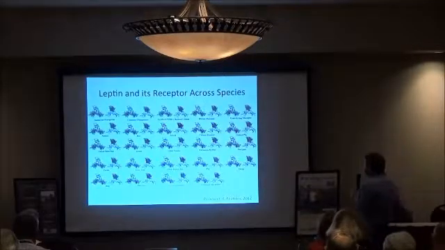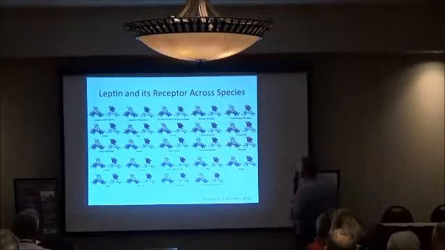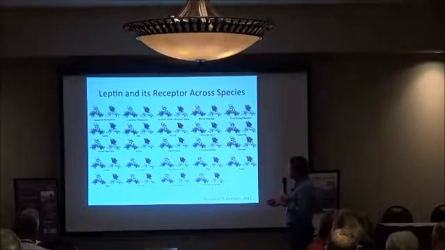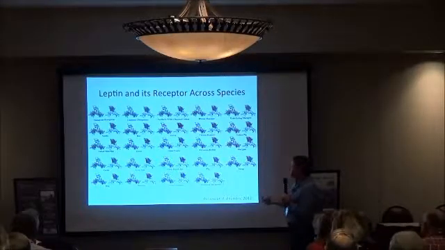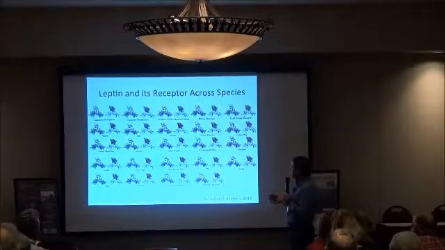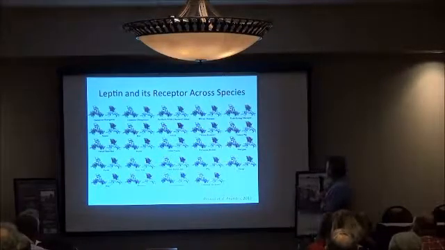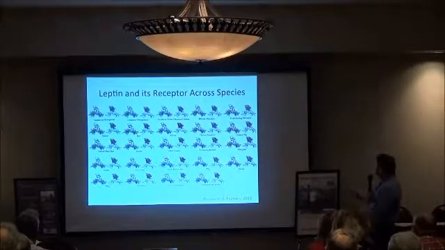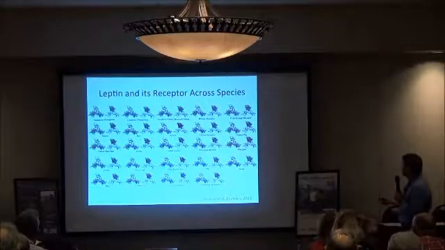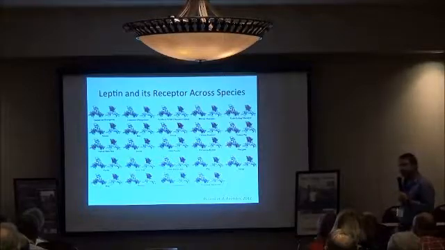Okay, so here are some pictures of leptin and the receptor. So here's the one I just showed you, cattle. And here's leptin on top and here's the receptor at the bottom. So the ball and the baseball mitt, and it's rotated two ways. Here is it in a horse, here's the rat, here's the crab-eating macaque, here's a platypus from Australia, a sheep, an African elephant, a Sumatran orangutan.